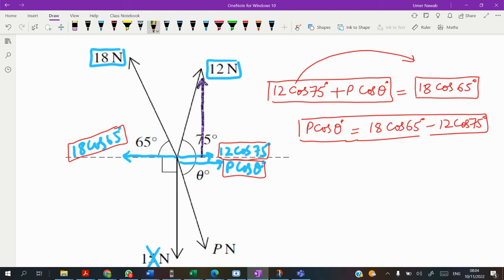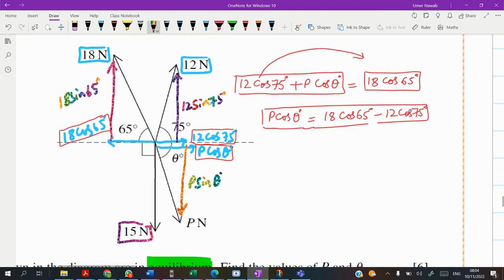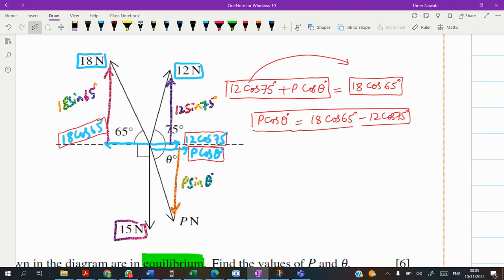This is the y effect of 12 newton, which is 12 sine of 75. This is the y effect of 18 newton, so 18 sine of 65. We already have 15 newton acting vertically downward, and this one is the p sine theta effect of the p newton force. So two forces upward, two forces downward. Let me make the equation.